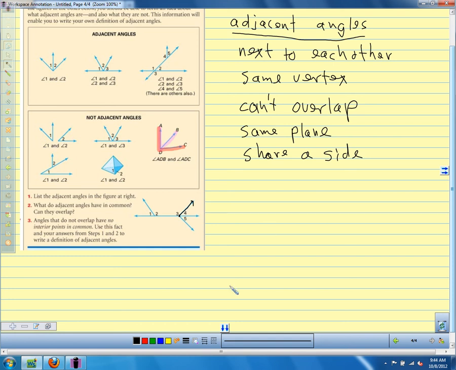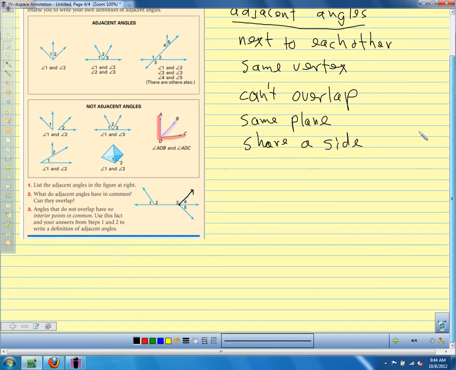All right, I think we have enough information to define an adjacent angle. So let's write a definition now from what we figured out about adjacent angles.